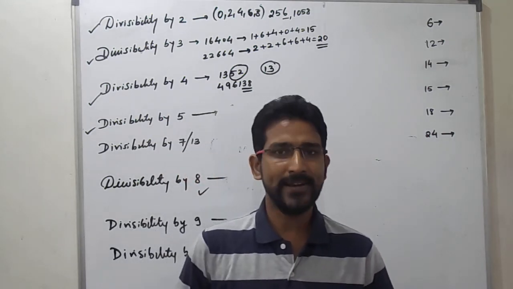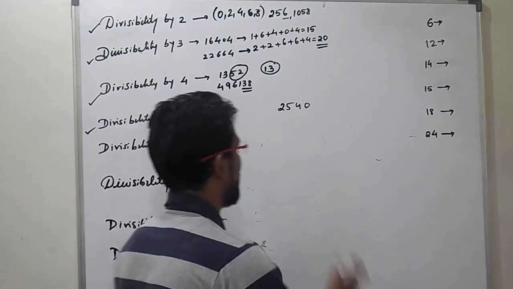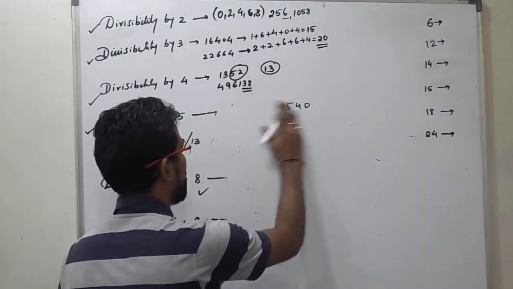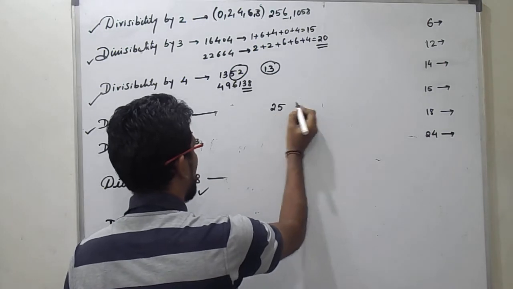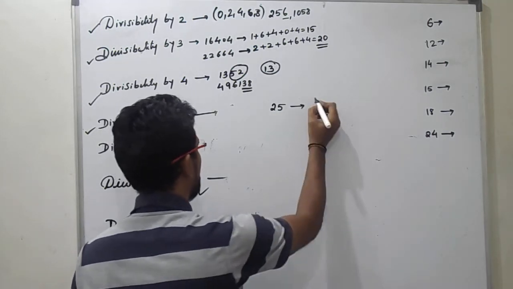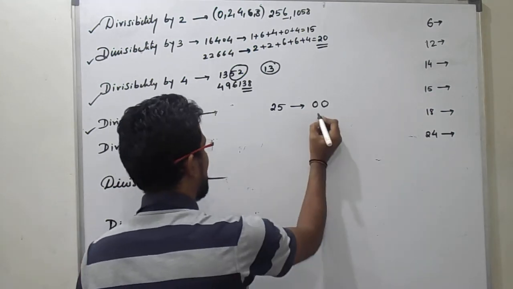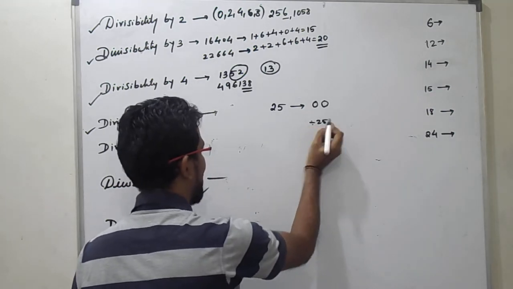Now divisibility by 25. If you want to check whether the number will be divisible by 25 or not, you have to check whether the last two digits are 0 and 0, or divisible by 25.